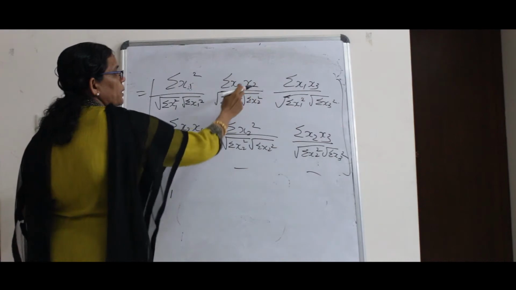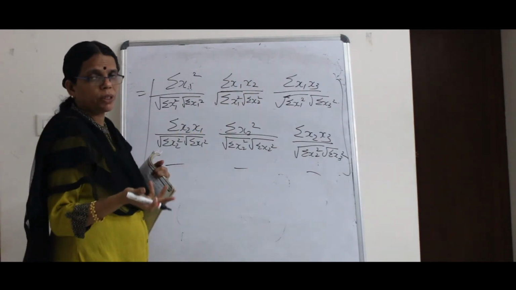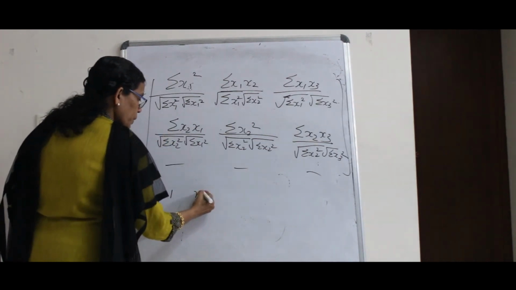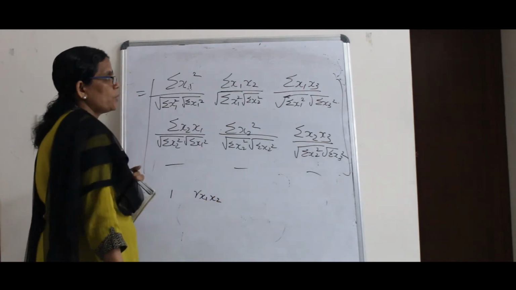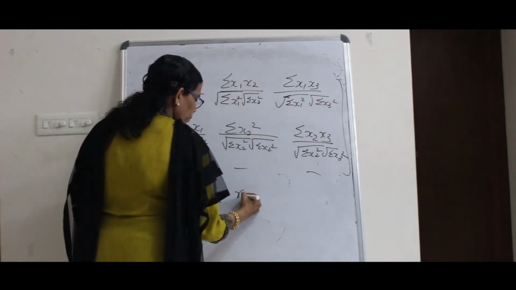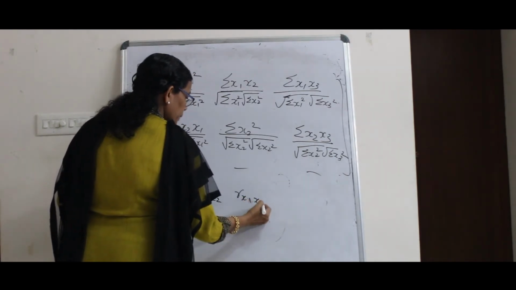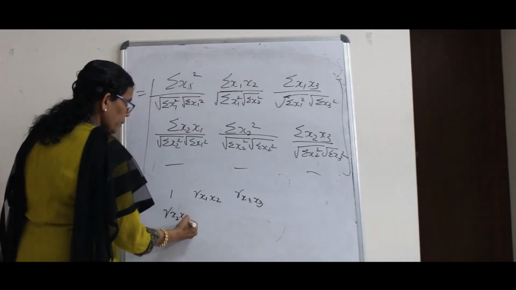Covariance between x1 and x2 divided by the standard deviation of x1 times the standard deviation of x2. Covariance divided by standard deviation is the formula for what? The correlation coefficient. So that's the correlation coefficient between x1 and x2, this is the correlation coefficient between x1 and x3, and this is the correlation coefficient between x2 and x1.